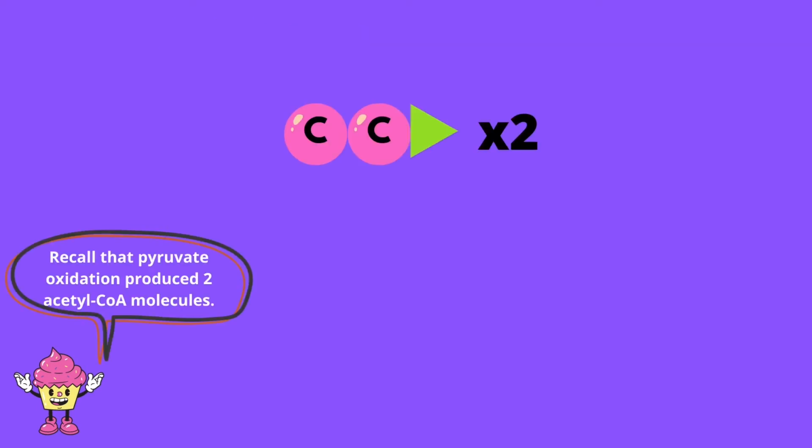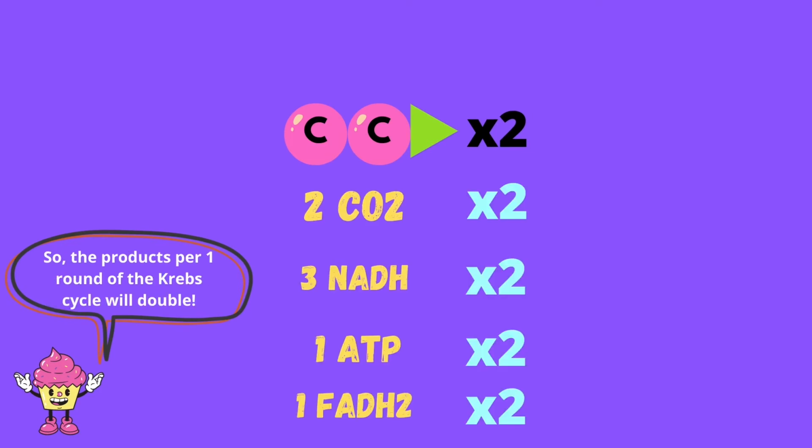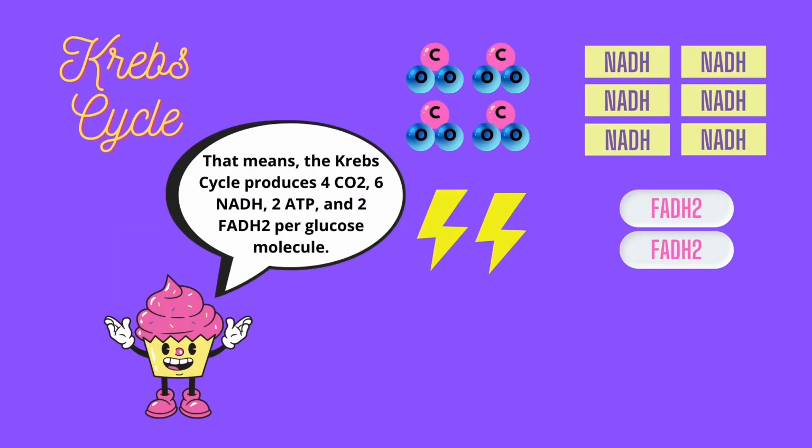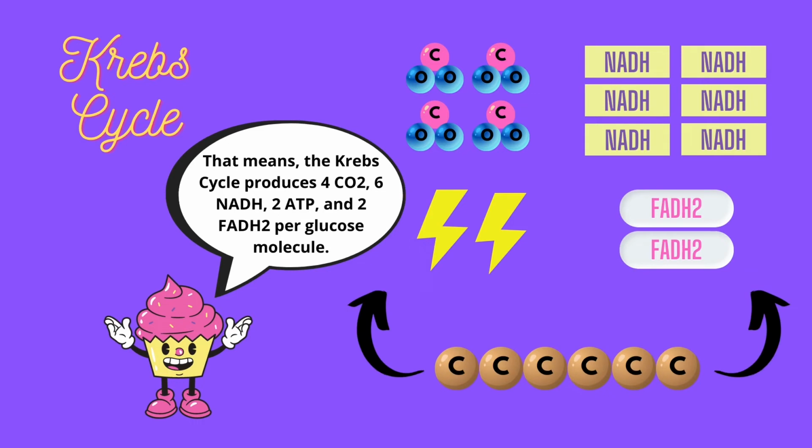Recall that pyruvate oxidation produced 2 acetyl-CoA molecules. So, the products per 1 round of the Krebs cycle will double. That means the Krebs cycle produces 4 CO2, 6 NADH, 2 ATP, and 2 FADH2 per glucose molecule.